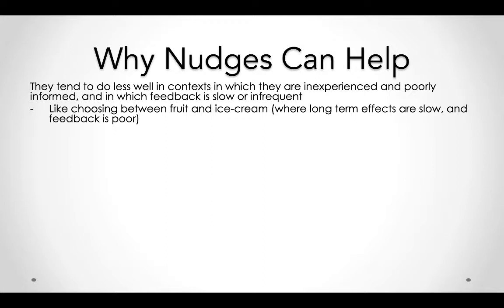Eating a fruit, eating ice cream, you don't get any kind of feedback from your body. You don't feel bad or ill or sick if you eat ice cream, which is supposed to happen over the long term. So if you don't have any feedback like that, you can't decide better. System 2 tells you that fruit is better than ice cream, but System 1, if you remember, prefers ice cream anytime.